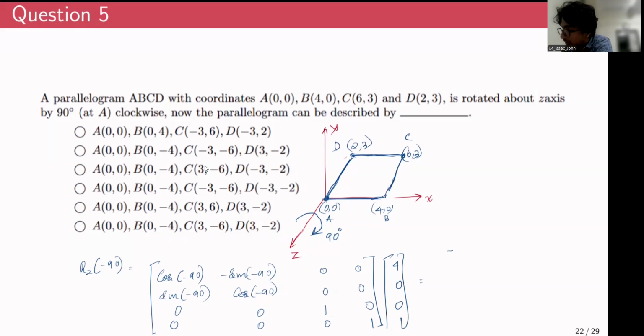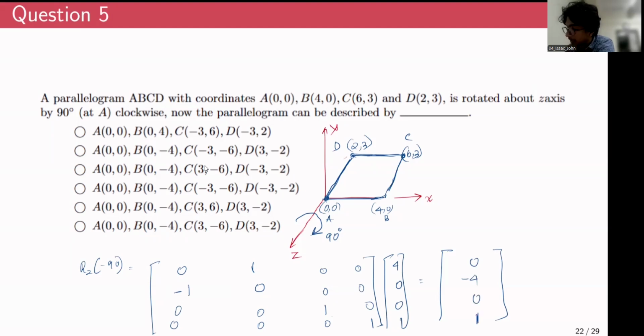So once you solve this, how does it look? Maybe I'll simplify this rotation matrix. Cos of minus 90 is going to be 0. Minus sine of minus 90 is going to be 1. Sine of minus 90 is going to be minus 1. And cos of minus 90 is going to be 0. So if I multiply this out, I will get 0, minus 4, 0, 1.